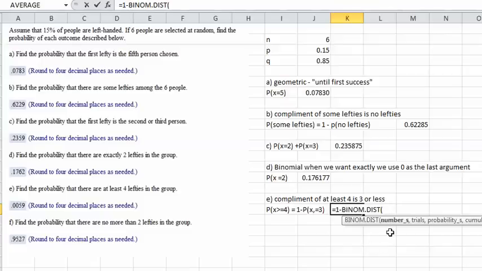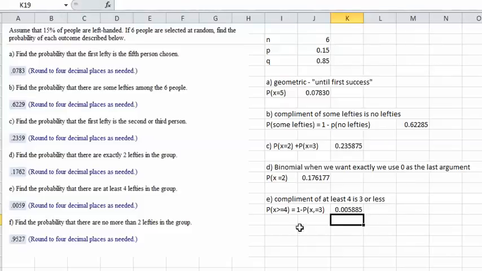You want to go up to 3, comma, out of the 6 trials, the probability is 0.15, and then we want to accumulate, because that's going to give you the probability of none plus the probability of 1 plus the probability of 2 plus the probability of 3. If you add those up and subtract it from 1, you're going to get the remaining, which is that there's 4, 5, or 6. Okay, and then you round that to 4 decimal places.